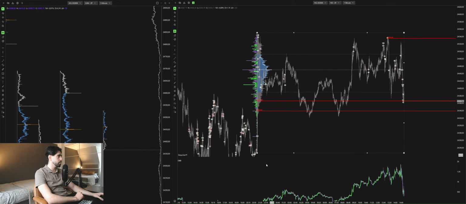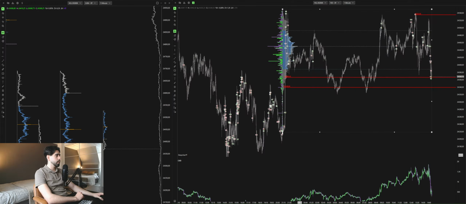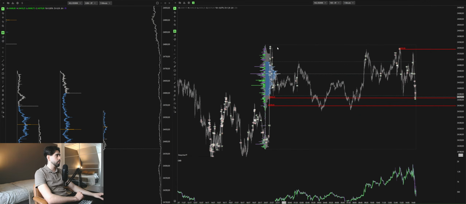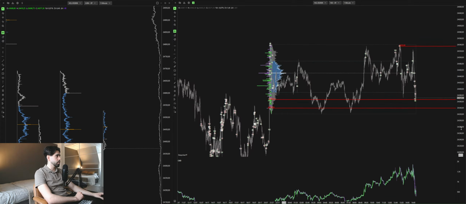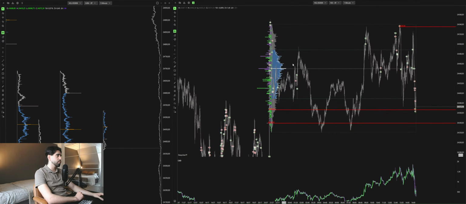Look at the volume profile. From this lens, it's a P shape, right? So it depends on how you plot it. And from this lens, it's a balanced market. When the majority of volume is in the middle, this is balance.